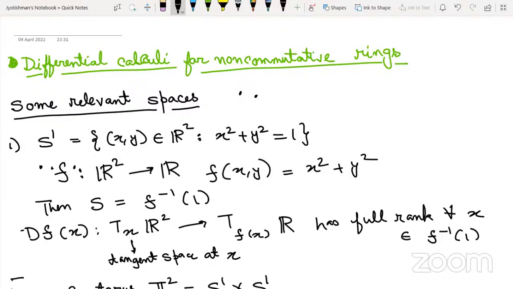So this rank condition makes the circle into a manifold, which gives it a smooth structure. Once it's a manifold, meaning that it's locally Euclidean, I can define smooth functions and vector fields on it. Small x is a coordinate point in R.